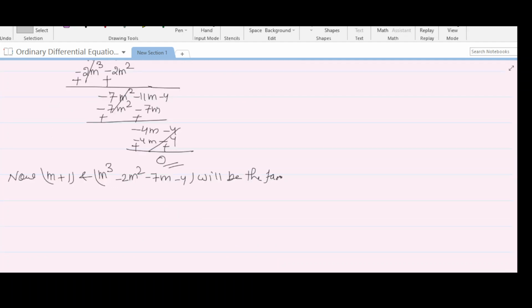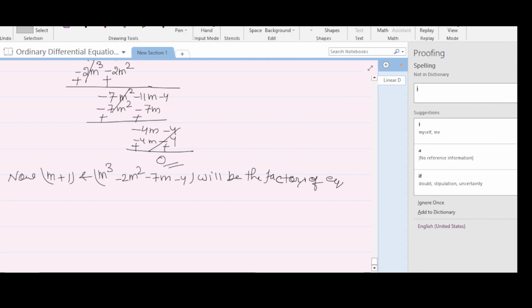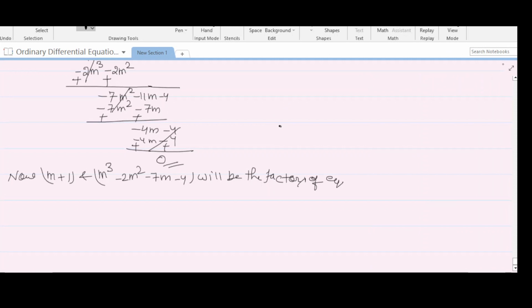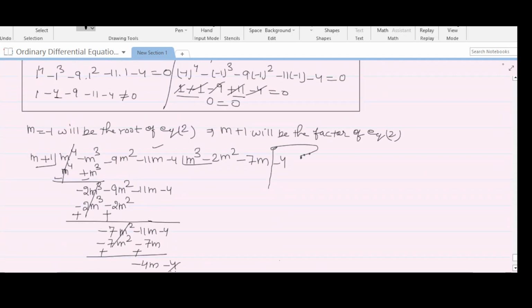Will be the factors of equation. There is some technical issue, guys.